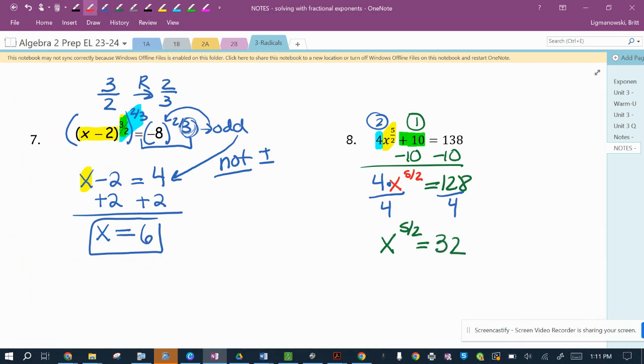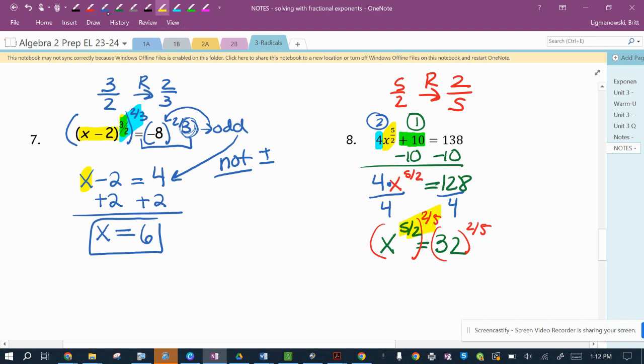Okay, now if I have 5 halves, the reciprocal is going to be 2/5. Notice the x is totally alone, so now we're going to raise both sides to that reciprocal power. That'll get me just the x.